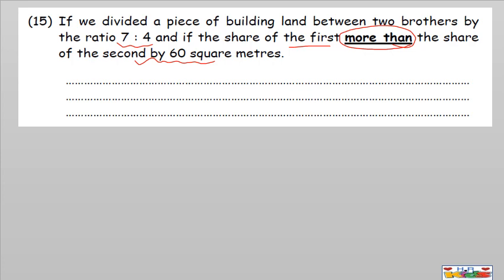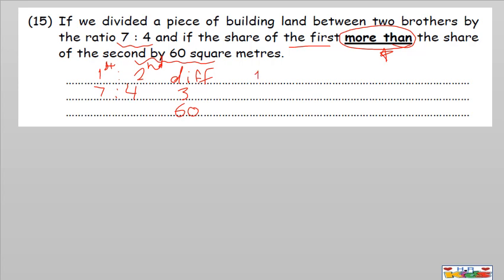So we have the first and the second, 7 to 4. More than is also from the words of difference, meaning bigger than. Okay, so 7 minus 4 equals 3 and under it equals 60.